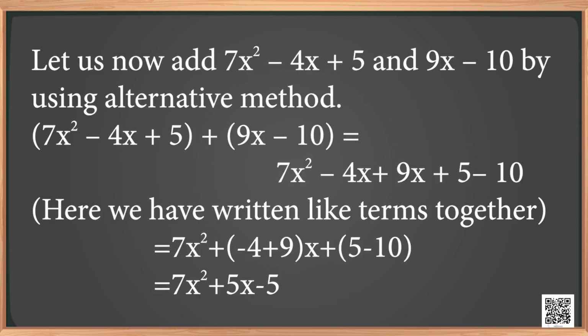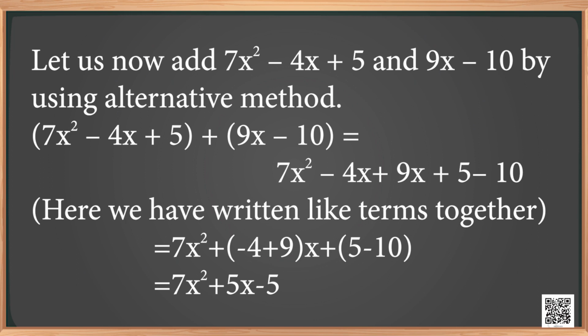Let us now add 7x square minus 4x plus 5 and 9x minus 10 by using alternative method. Please observe, we have written the terms within the brackets. They are 7x square minus 4x plus 5 plus 9x minus 10, which is equal to 7x square minus 4x plus 9x plus 5 minus 10.